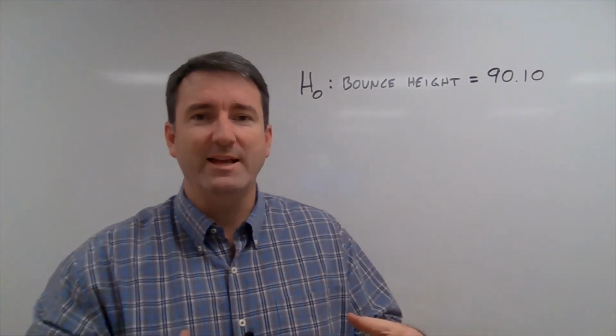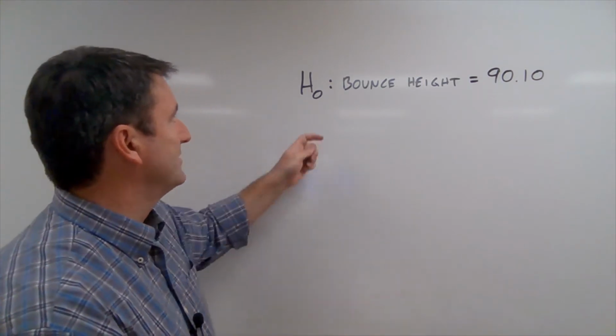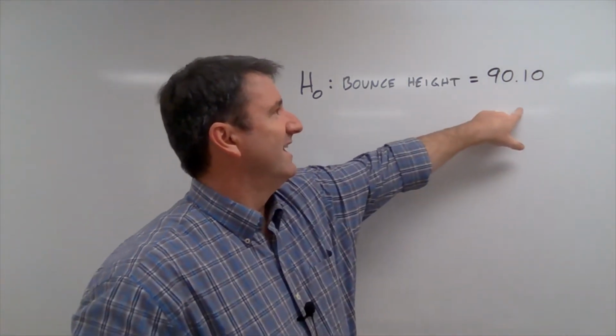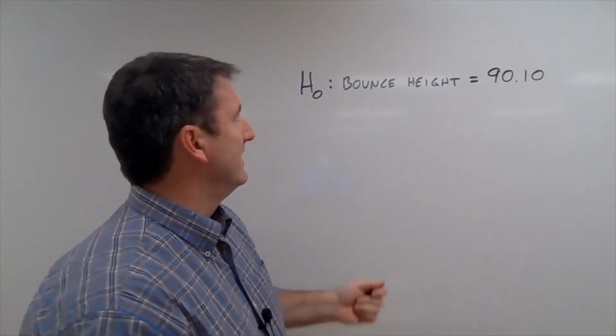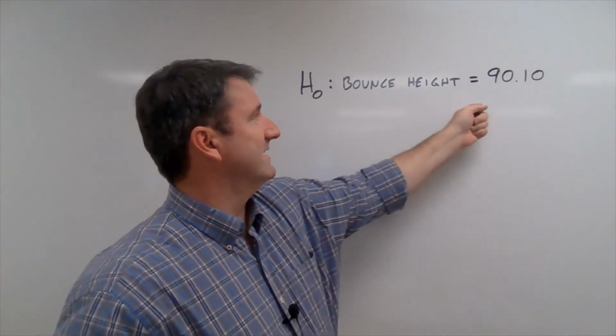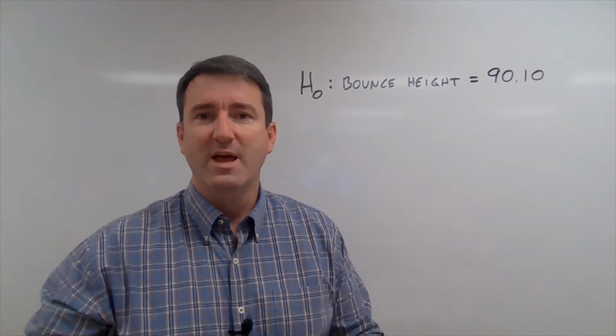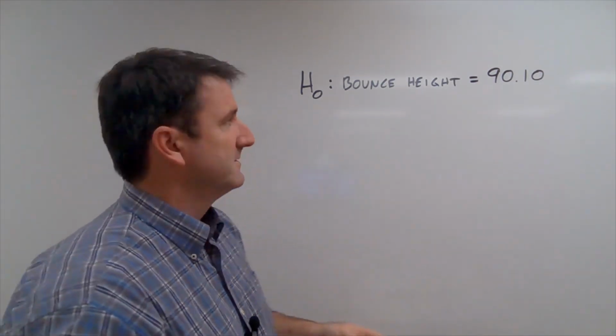That's the mean height for all baseballs. And so basically what we're saying is that there's nothing special about these new balls. The null hypothesis is that the bounce height is equal to the mean of all baseballs.